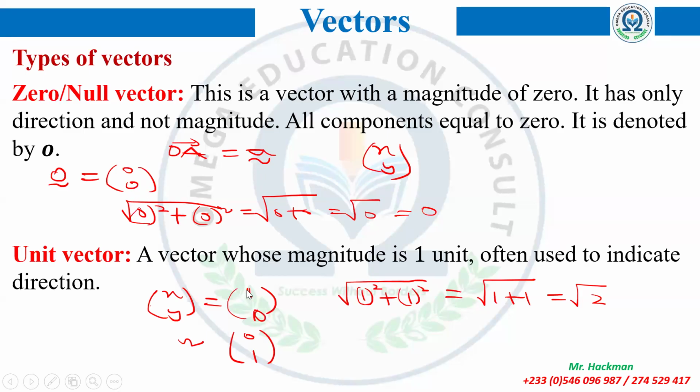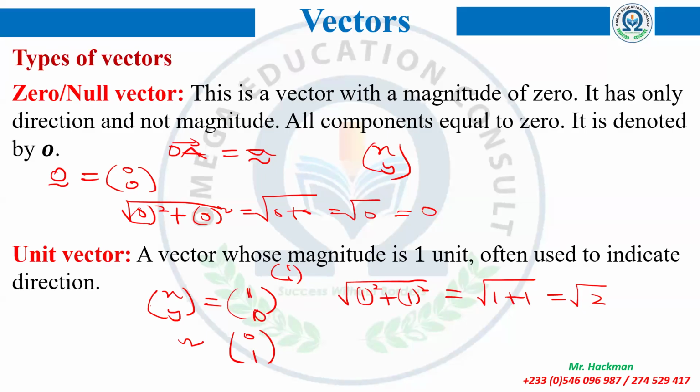If you don't take care and you come to the entries for the unit vector, you might think that all of them should be 1. But if all the entries are 1, and you find the magnitude, this is how you find the magnitude: root of 1 squared plus 1 squared, which if you continue, you end up getting root of 2.